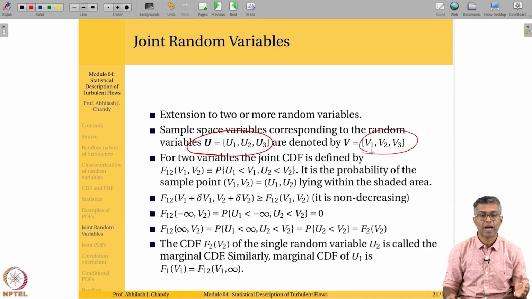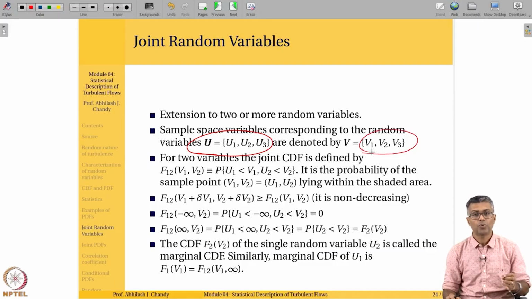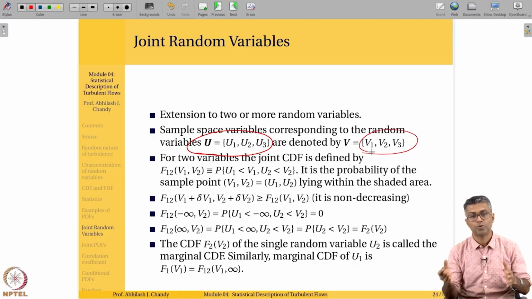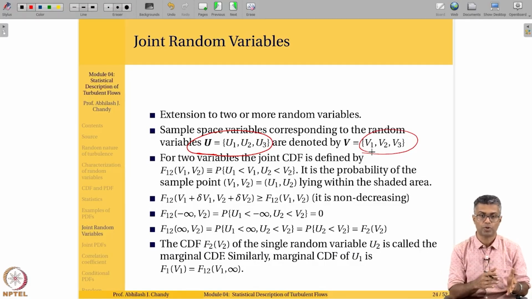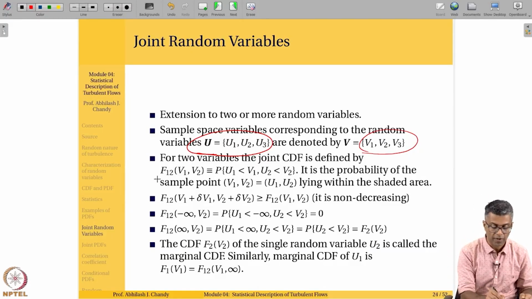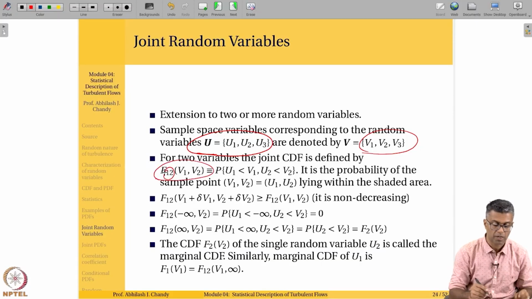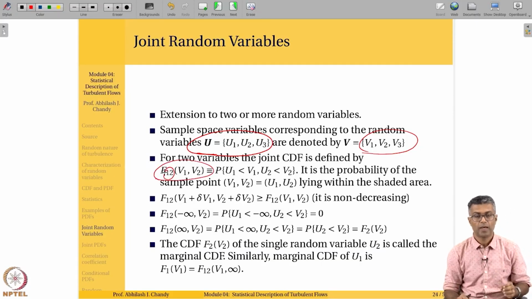Now, if you have two or more random variables, then you will have a joint probability, a joint CDF, because U1 depends on U2 and U2 depends on U1 as well. So you would define a joint CDF as F12. So now you have the subscript represented by 1 and 2. And again, this is only for two components of, say, velocity.